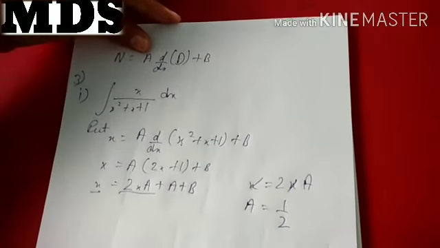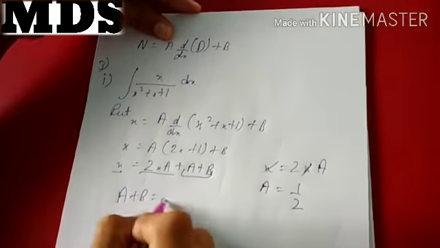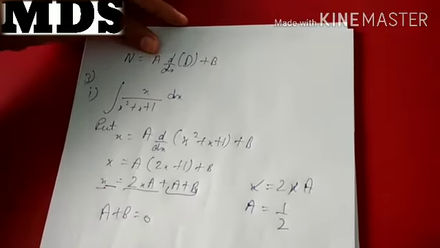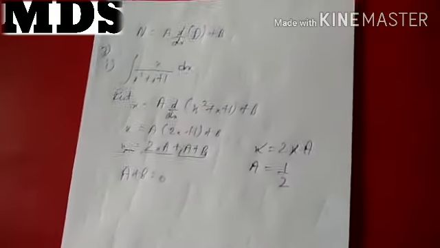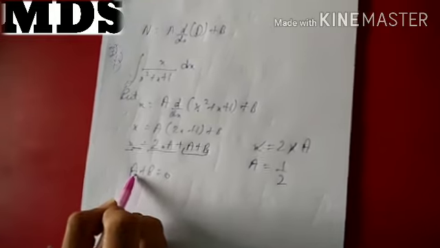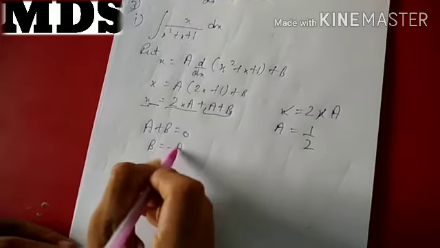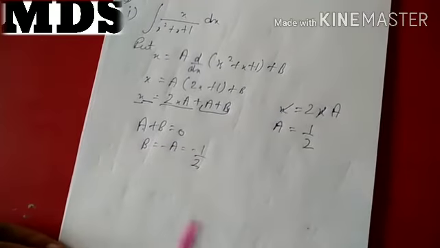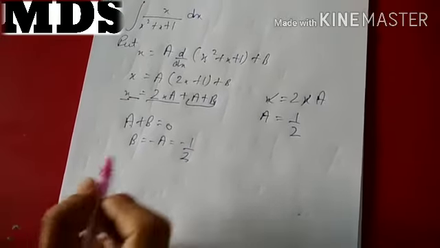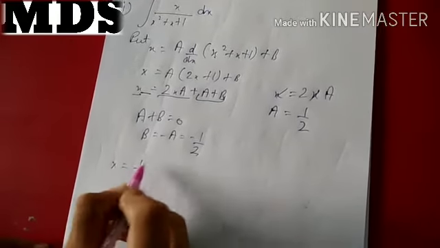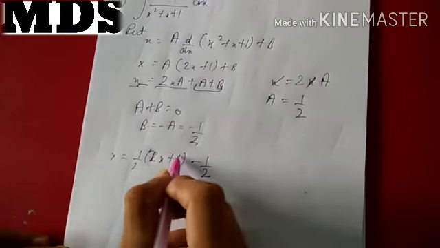And a plus b equals 0, because there is nothing else except x in the numerator. So we know the value of a and we can find the value of b. So b will be minus a, that means minus 1 by 2. So that means we can write x as 1 by 2 of (2x plus 1) and minus 1 by 2.